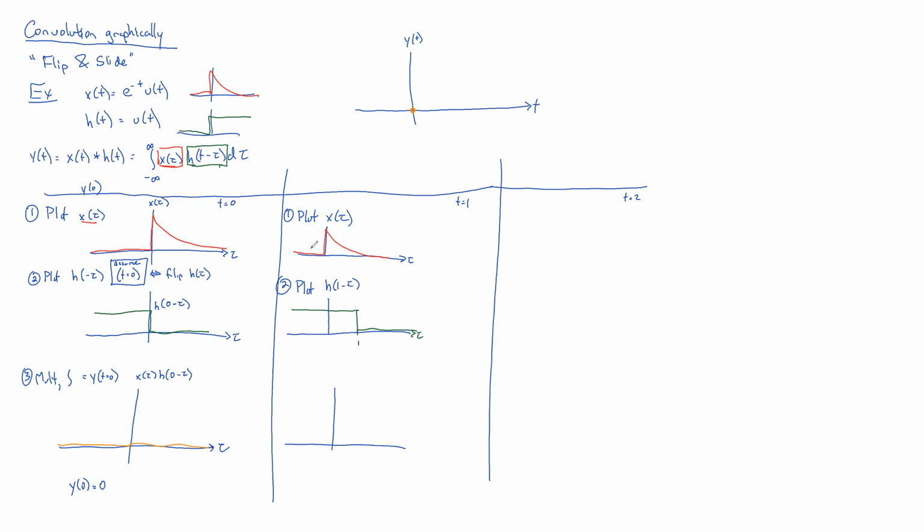Now we can see that to the left we're still getting all zeros because our x of tau is 0. But now to the right, there is this region where this is 1 times this. So now it looks kind of like this before it instantly cuts off.